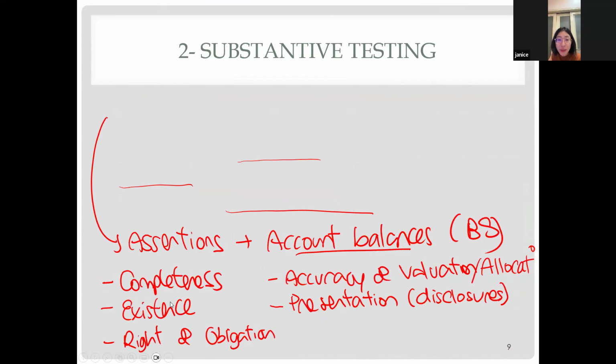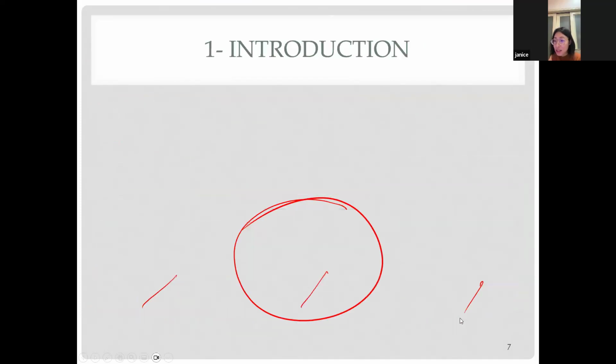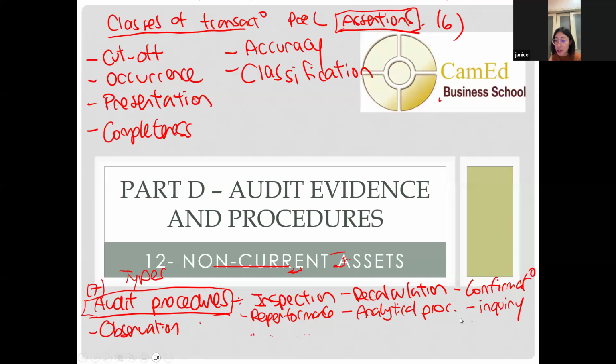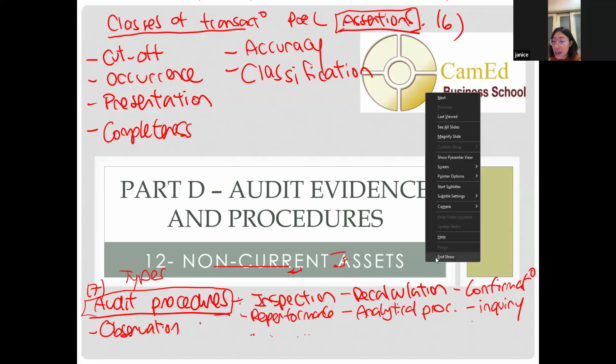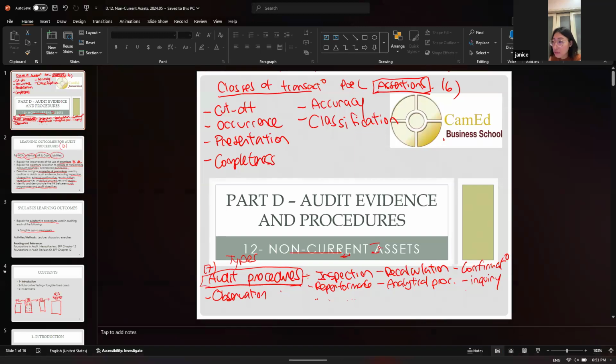I want to see if all these fixed assets exist or not. What kind of testing would you suggest me to do in order to verify the existence? If the client tells you that they own the Mercedes, what would you do to verify that they're not lying?